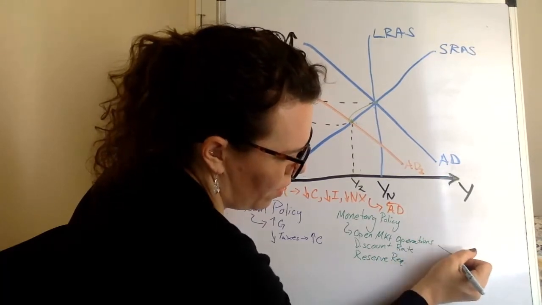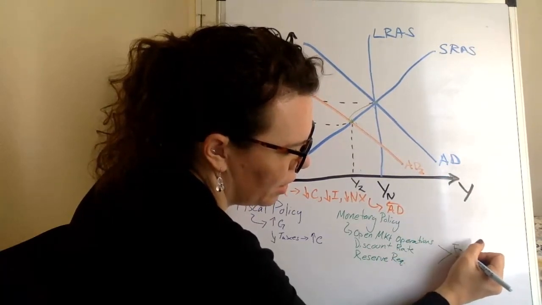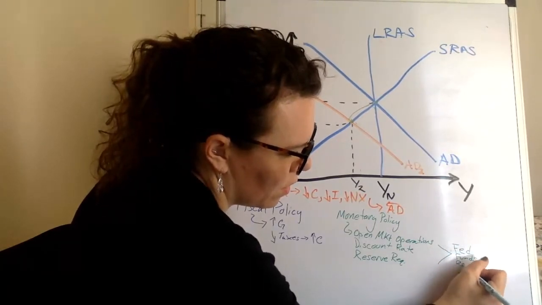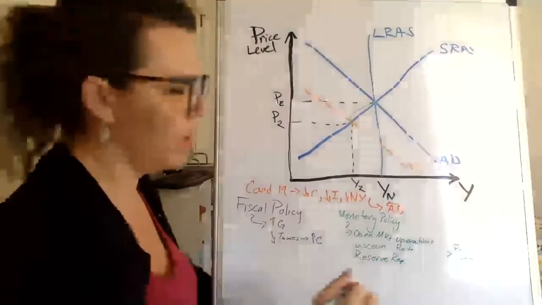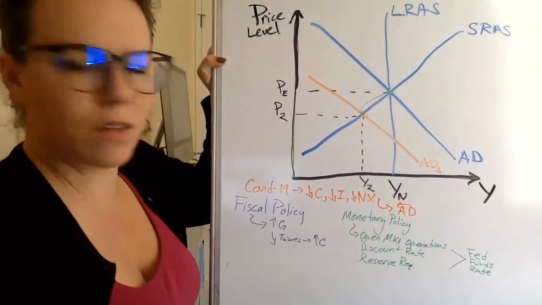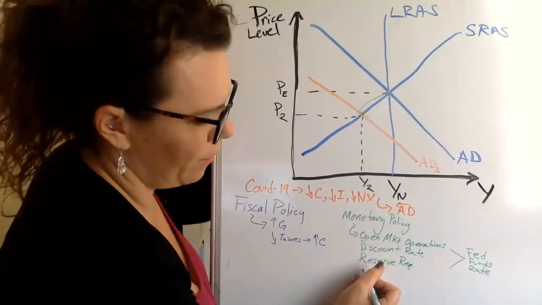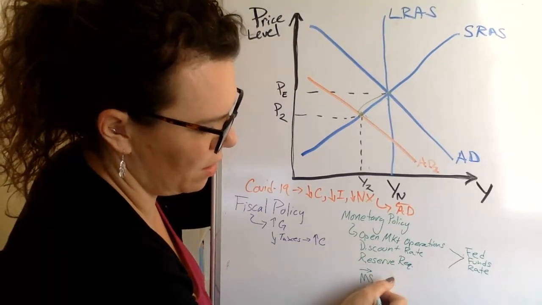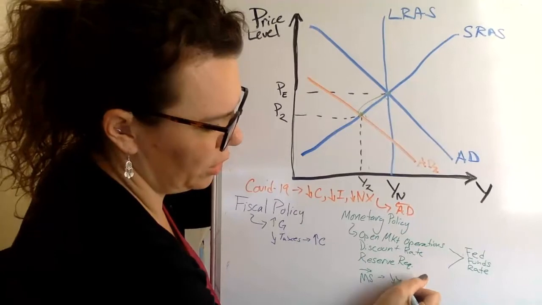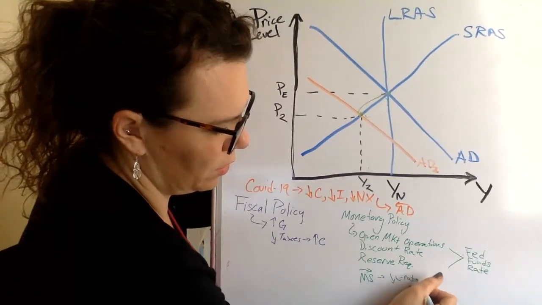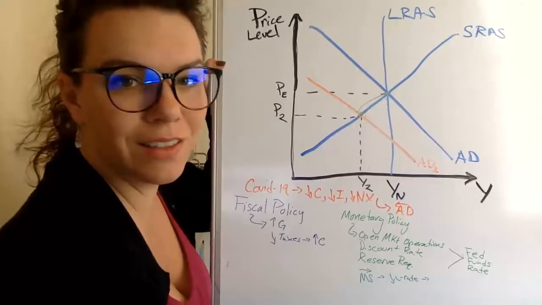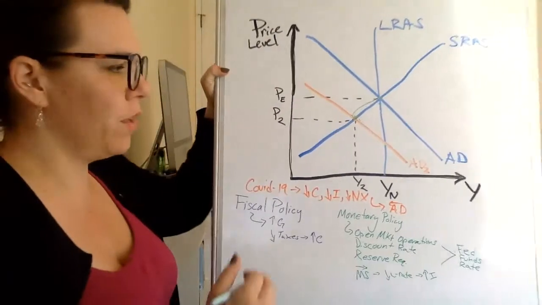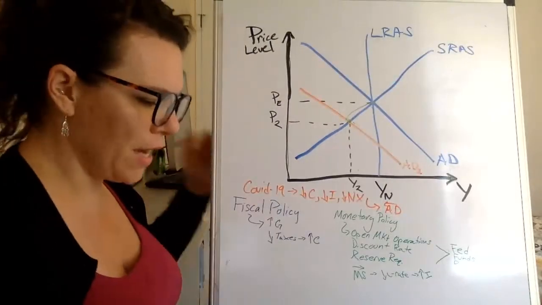And all of those try to change the federal funds rate so that we can increase the money supply, which will then lower interest rates, which will increase investment spending. Sound good?